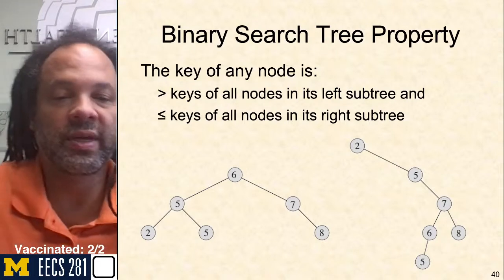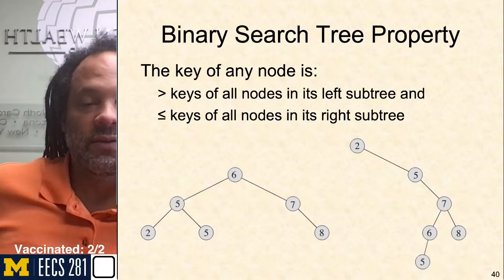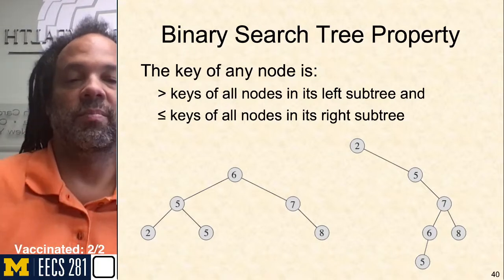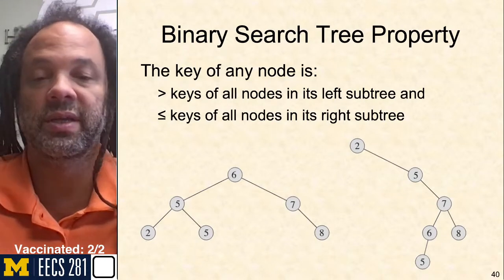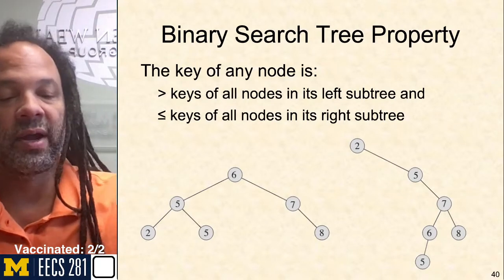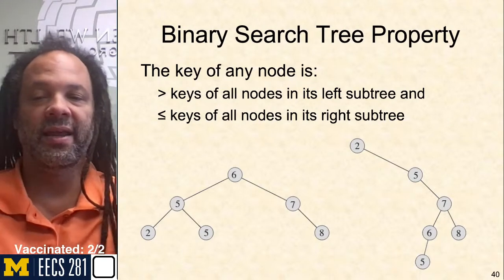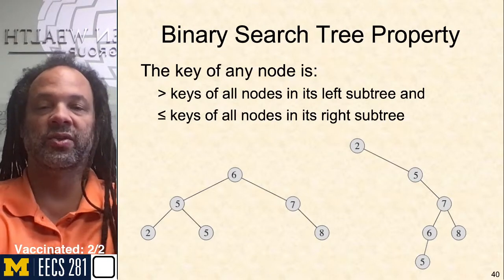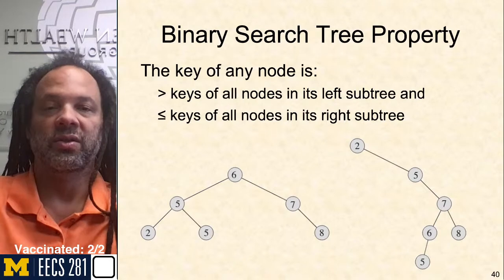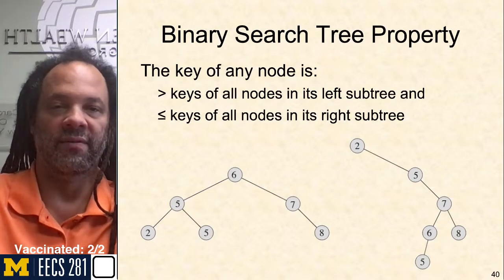But these two trees have the same 6 nodes, just differently structured, but they are both legal binary search trees, and that's important to recognize: the order of the data, the order of insertion into a binary search tree, will change the structure of the binary search tree.